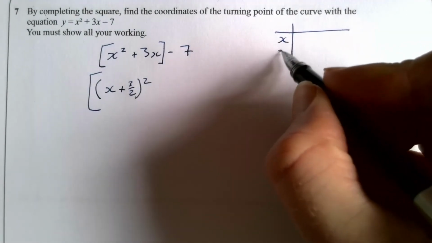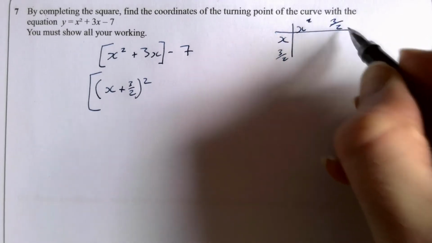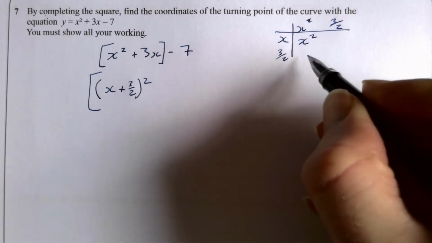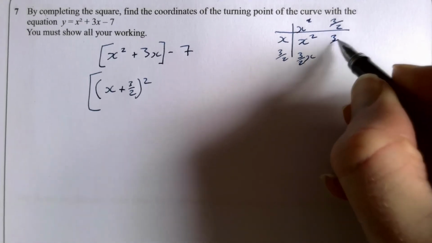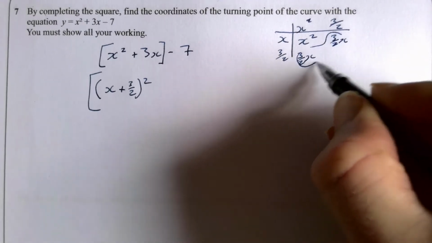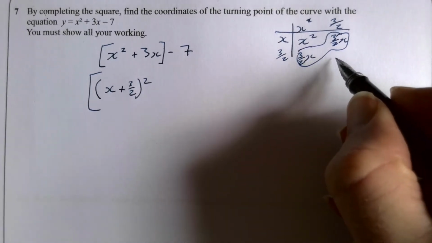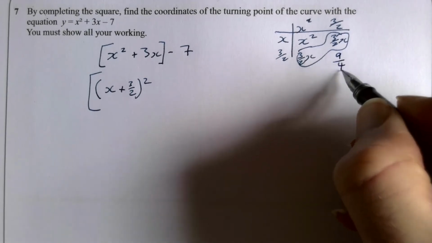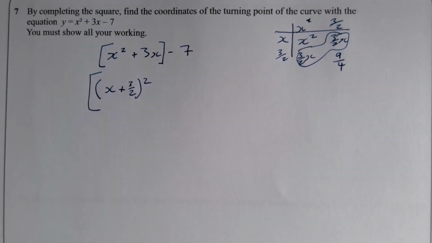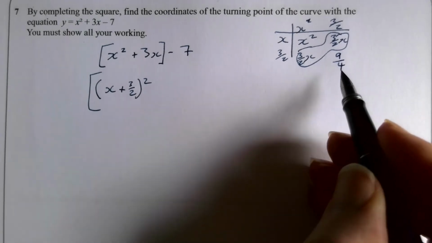You're going to have 3 over 2 there, 3 over 2 there. Remember, we got our x squared, we got our 3 over 2x and our 3 over 2x. They peanut together to make your 3x. But then we also get this 3 over 2 times 3 over 2, which is 3 3s are 9 over 2 2s are 4, and that's going to be that much too big.